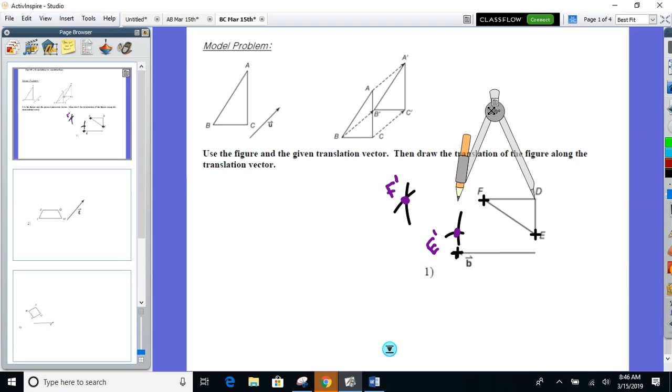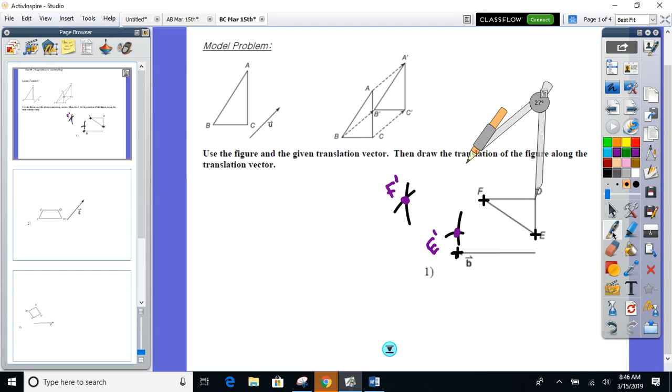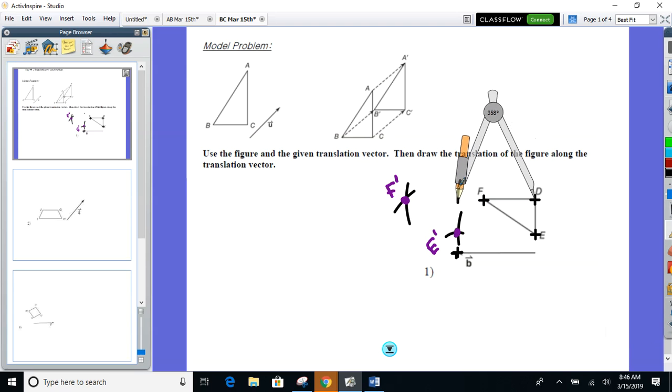Go to D. Draw on your arc again. Beginning to D. If you forget these steps tonight, they're all up on Aspen. I put the YouTube video on there for translations.